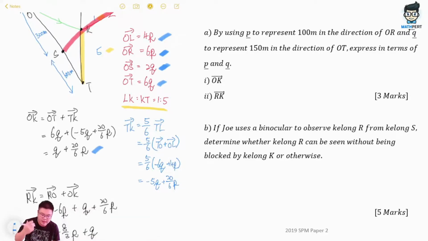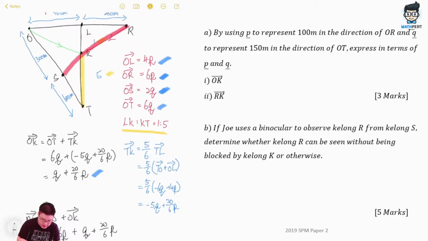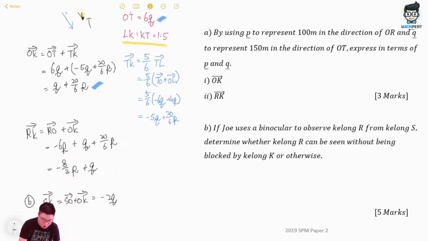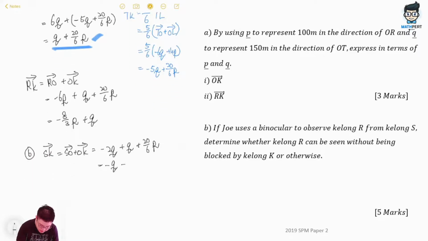So SO will be negative 2Q. And what else? We need OK. OK is here, plus Q plus 20 over 6P. So minus 2Q plus Q, I get minus Q. Then I have minus Q plus 20 over 6P.